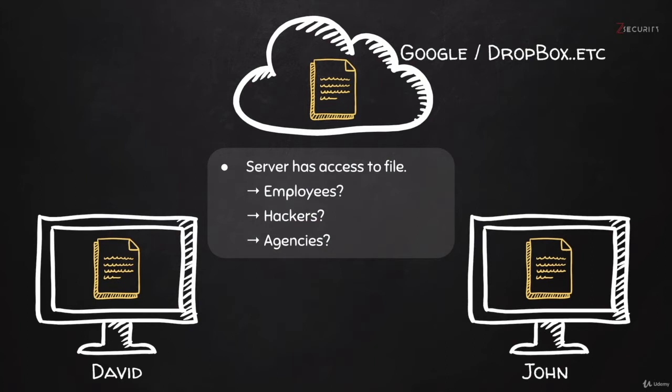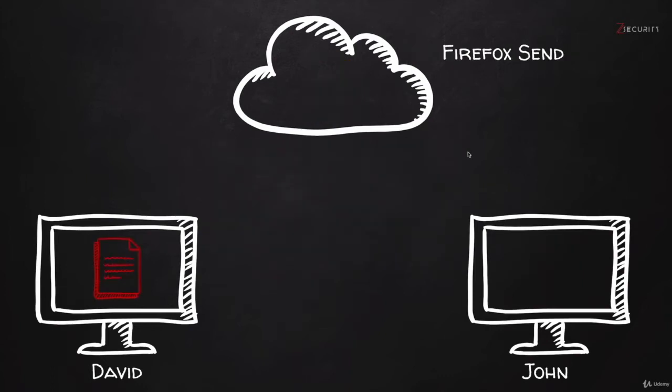Now, the creators of Firefox have attempted to solve this problem by offering a file sharing service that uses end-to-end encryption. So the way this will work is the file will get encrypted using code that runs on the client side. So this is code that runs on the computer, on your own local computer.